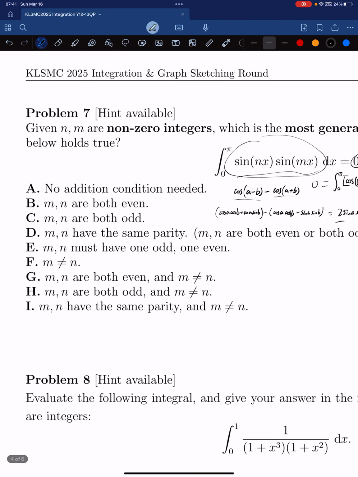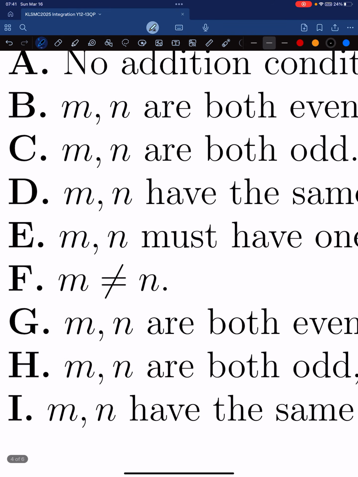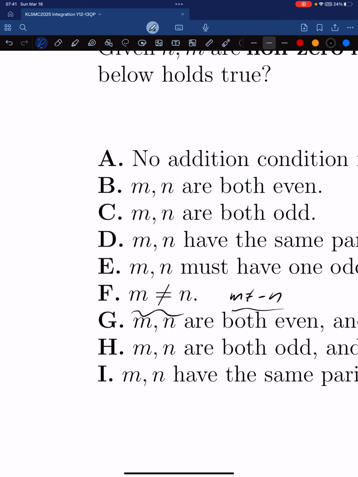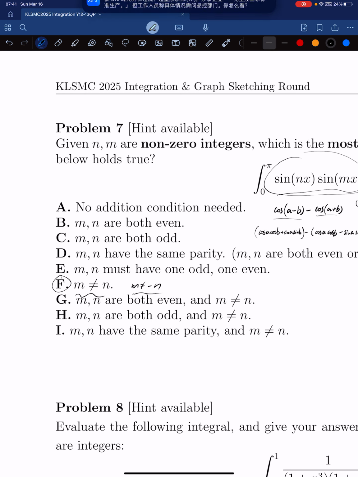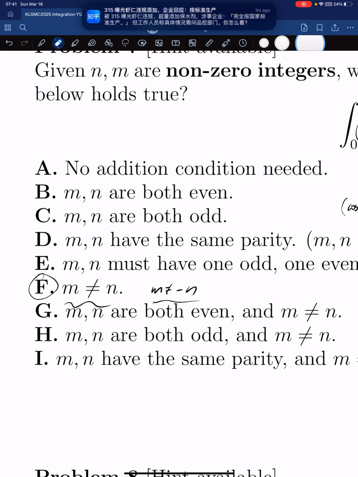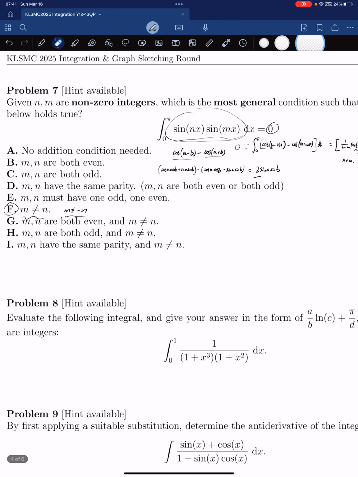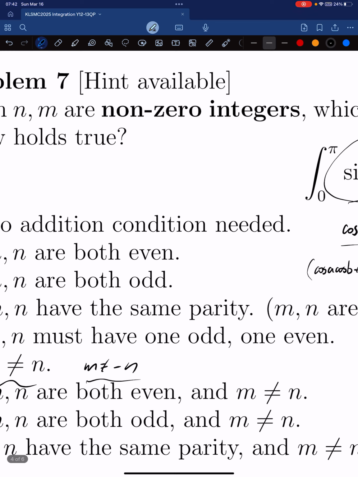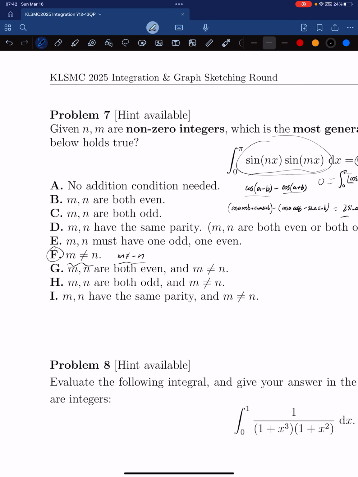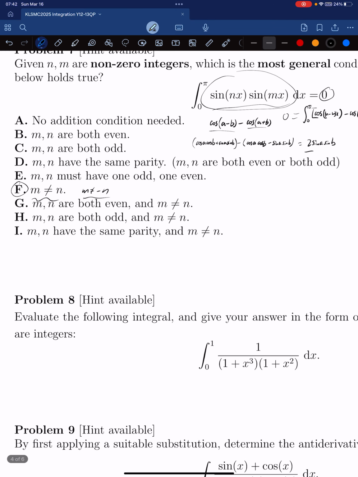So your general condition is basically this. Sorry, I forgot to put this as well. The most general condition will be m is not equal to n and m is not equal to negative n. But since we're considering, sorry, n and m should be non-zero positive integers. I am sorry for that technical detail. But this is basically how you would approach the question.